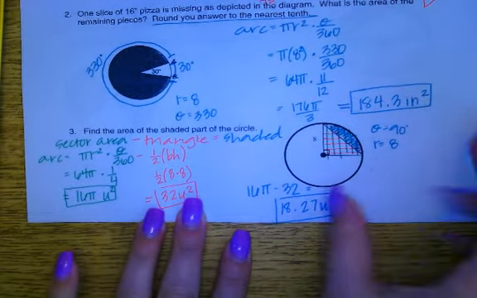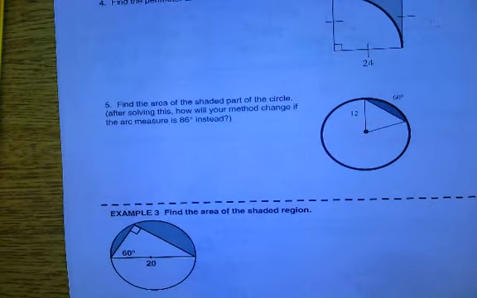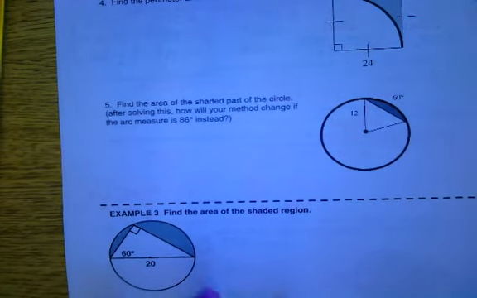Alright, moving on. Find the perimeter and the area of the shaded region. Okay, so this is the part we're focusing on.